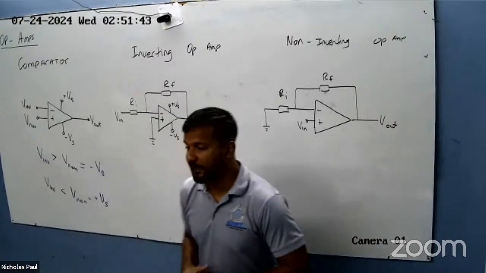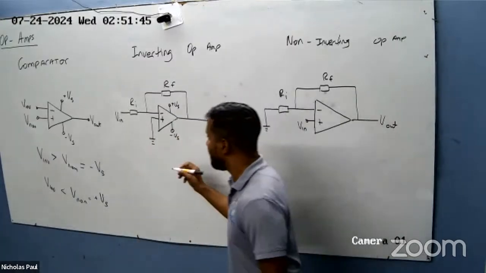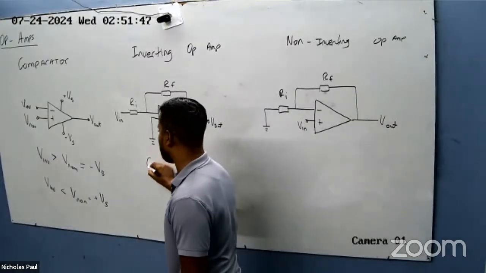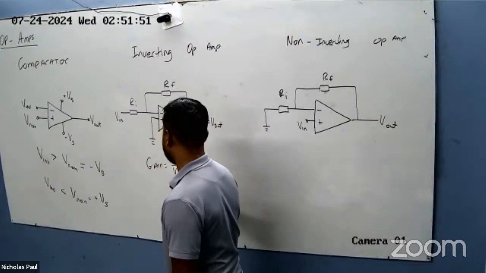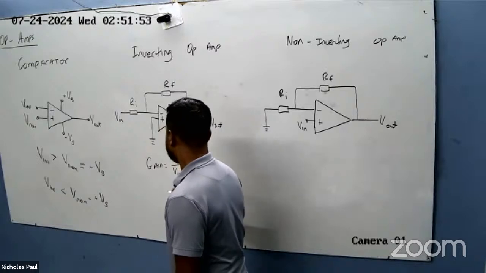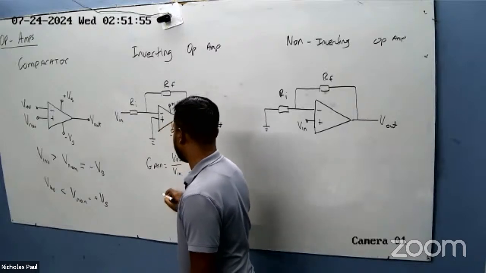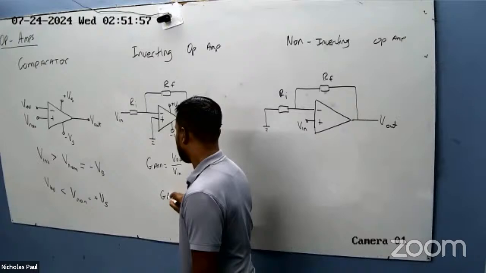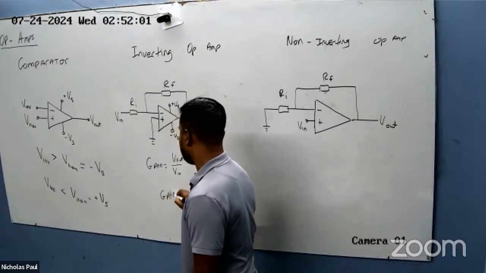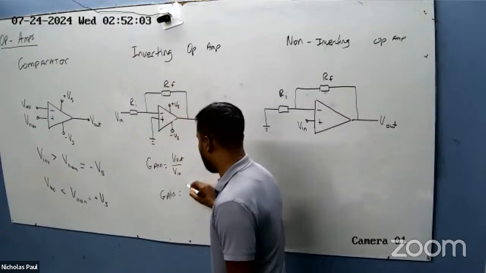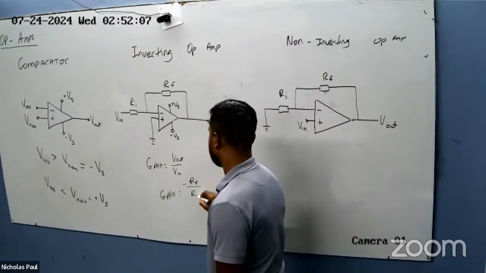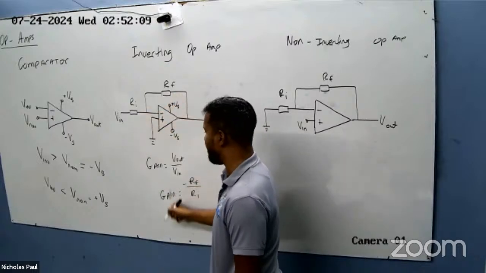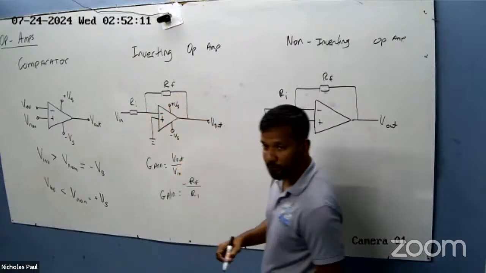The inverting op-amp, we'll do the proof of it, but the inverting op-amp follows this formula. Gain is equal to V out over V in. And to find gain for an inverting op-amp, it is minus RF over RI. If you divide these two, you'll get the gain and you can find the output.